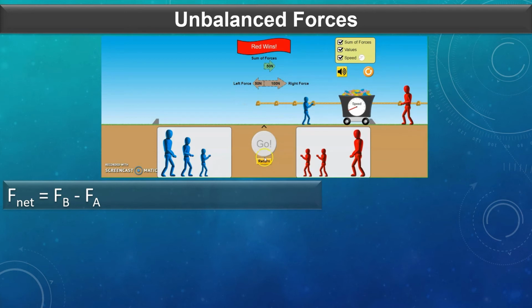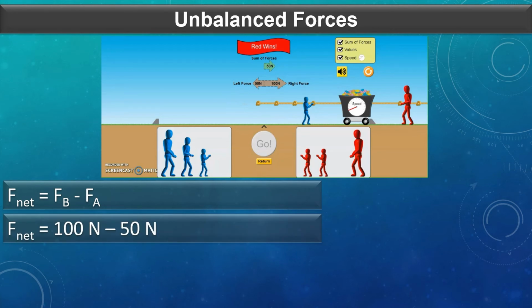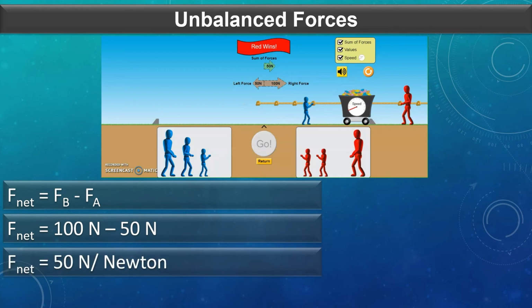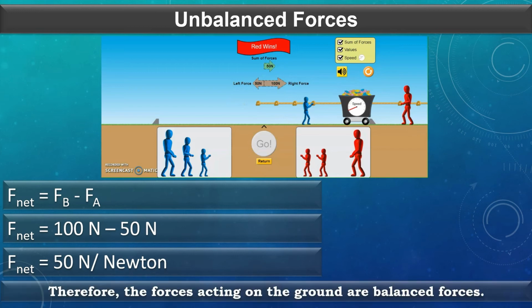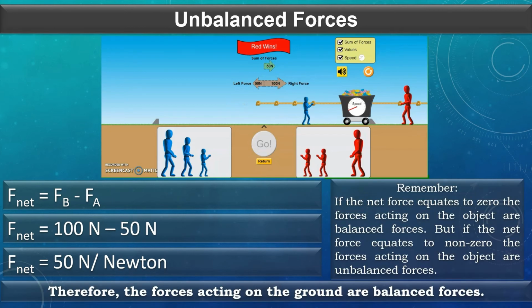Net force is equal to F sub B minus F sub A. Then, net force is equal to 100 Newton minus 50 Newton. Finally, net force is equal to 50 Newton. In this problem we subtracted 50 Newton from 100 Newton, since Team A was pulled toward Team B, meaning Team B exerts greater force than Team A.